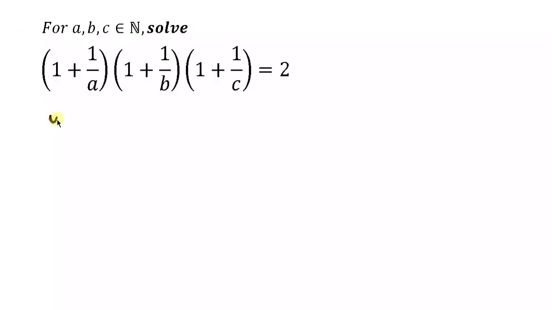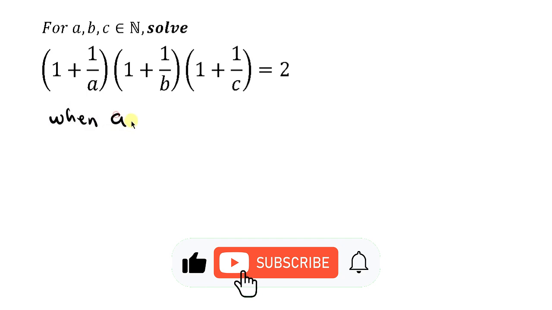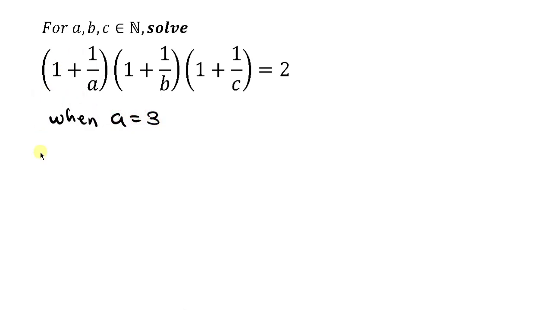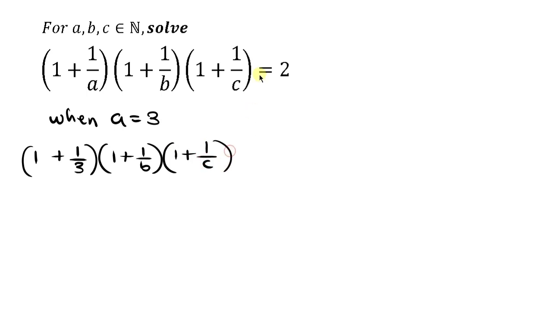So we are doing when A is equal to 3. So this expression becomes 1 plus 1 over 3 times 1 plus 1 over B times 1 plus 1 over C. And this is equal to 2.